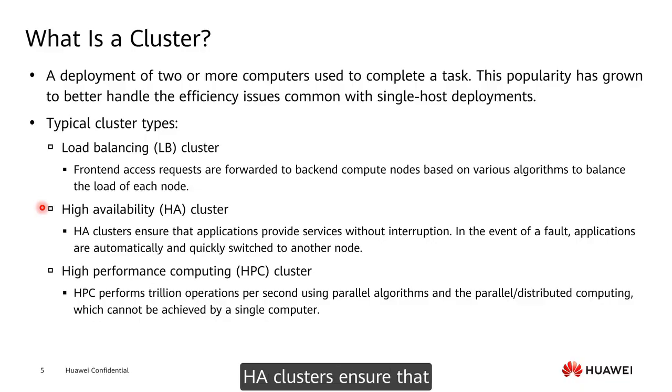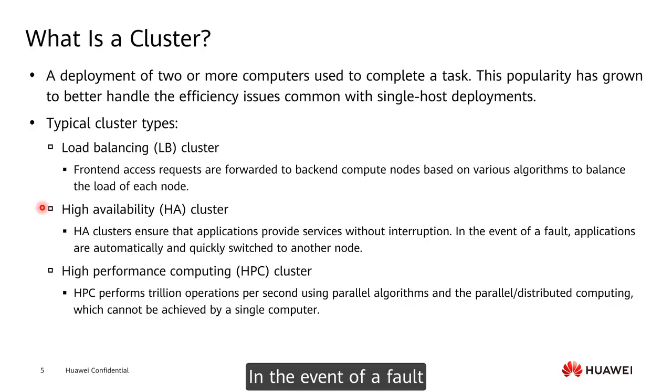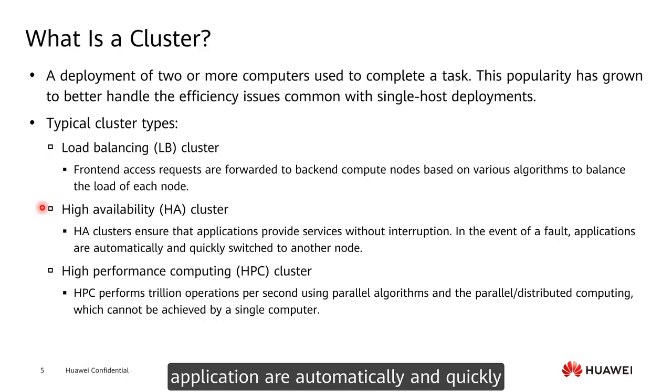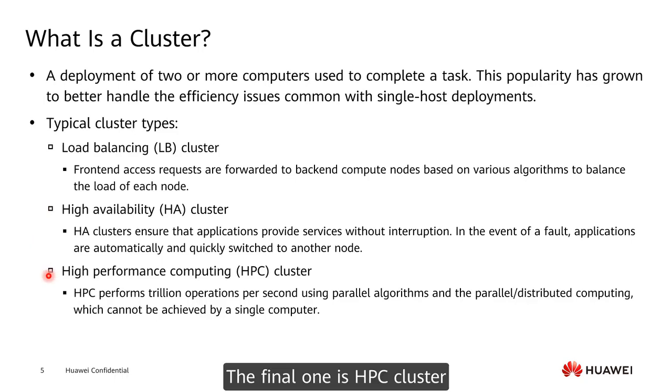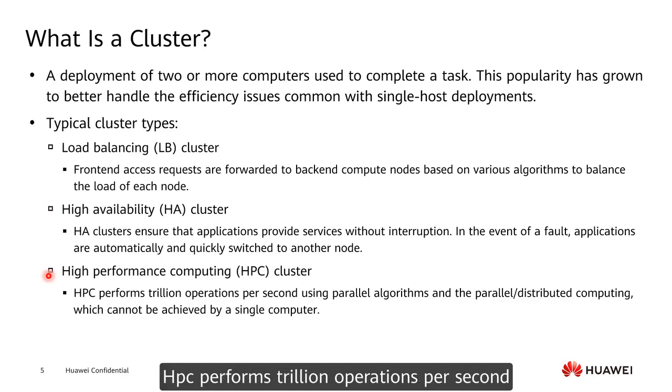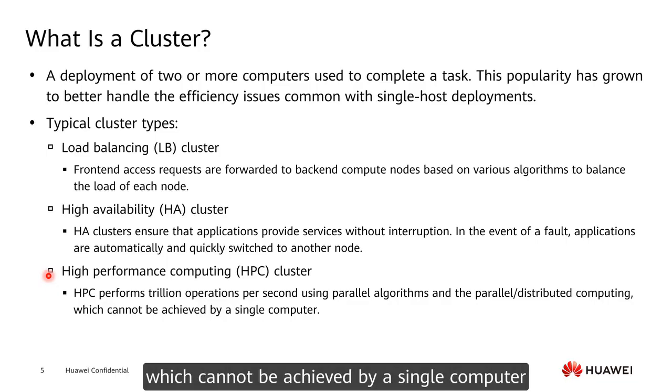HA clusters ensure that applications provide services without interruption. In the event of a fault, applications are automatically and quickly switched to another node. The final one is HPC cluster. HPC performs trillions of operations per second using parallel algorithms and parallel distributed computing, which cannot be achieved by a single computer.